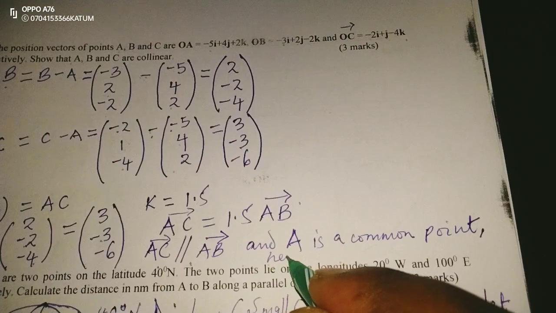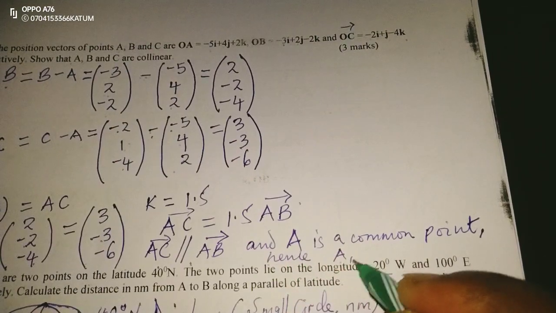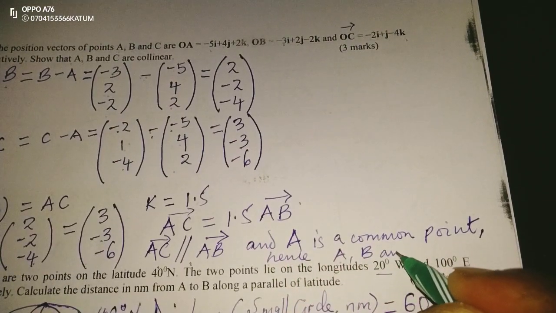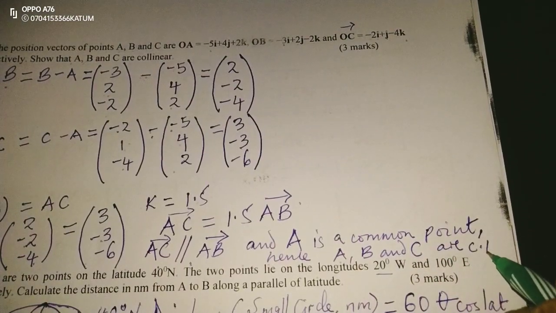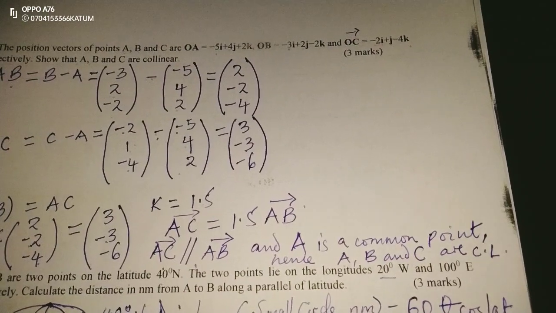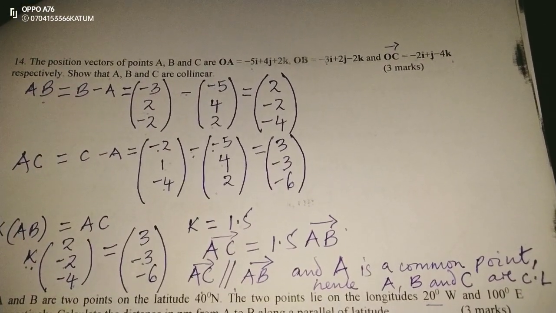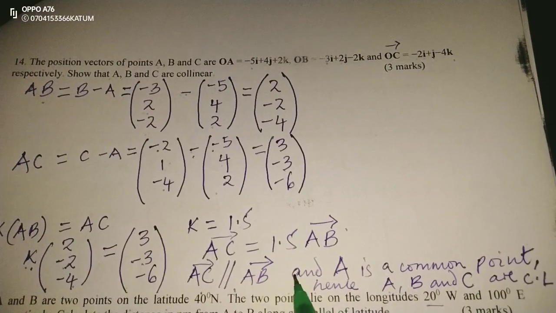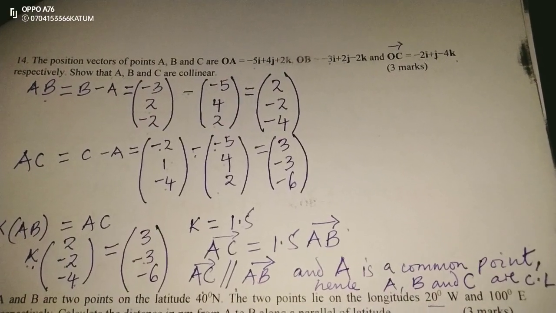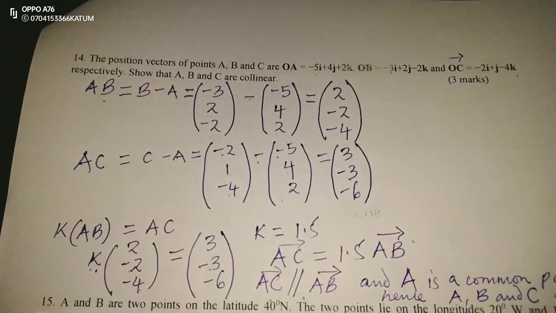Hence, A, B, and C are collinear points. They are collinear points since two vectors are parallel due to the scalar multiple and that they have a common point. So that is how we show collinearity.